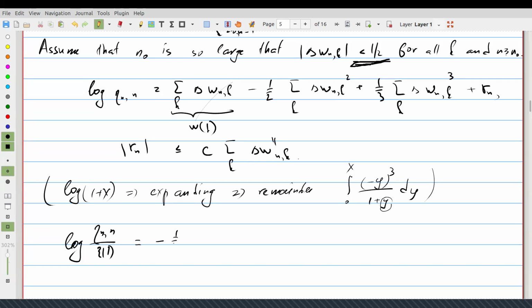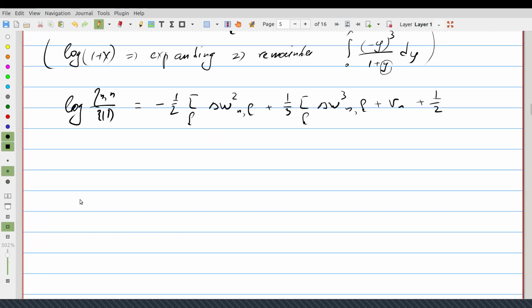So I will write it: 1/2 squares plus 1/3 cubes plus R n plus 1/2, and because of the minus we have here, this can now be written as minus 1/2 sum over k of (n times delta W nk squared minus 1) plus 1/3 sum over k of cubes plus the remainder.